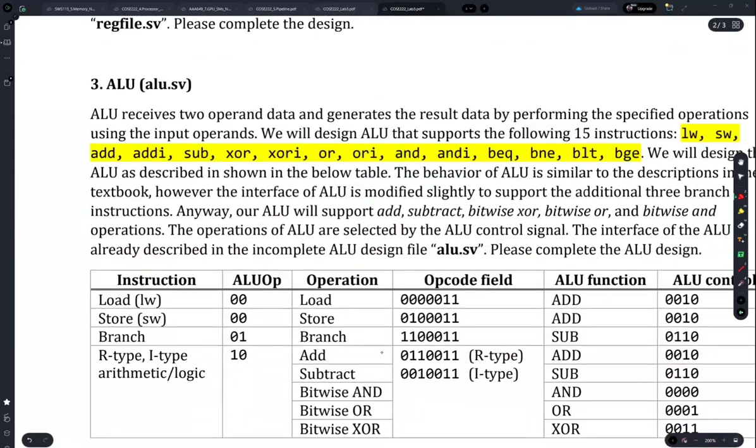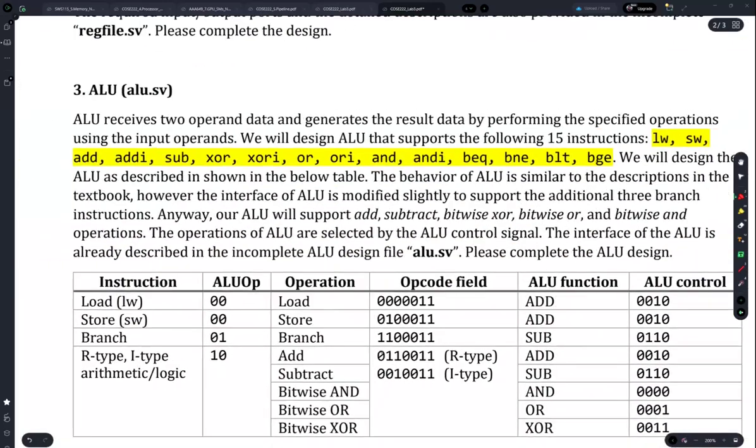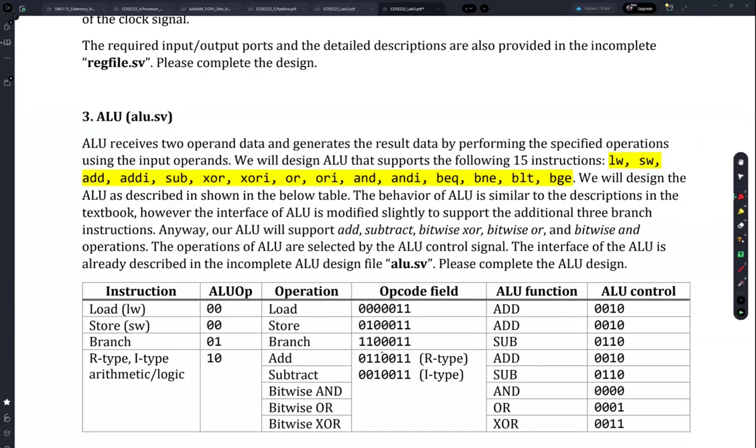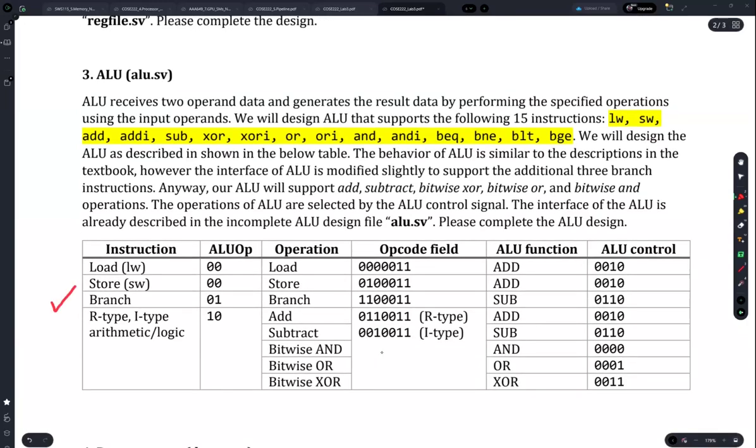As you know, in this lab assignment, you need to support the given instructions like this. The ALU needs to support these instructions, and I already provided the decoding rule.